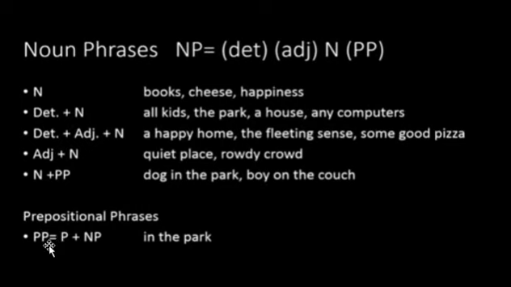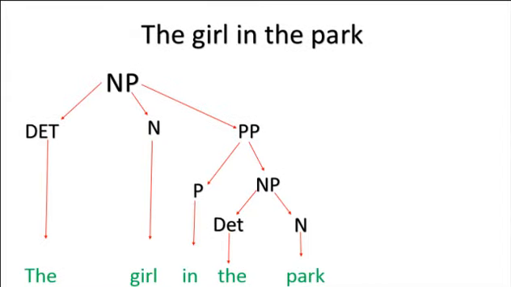Here, preposition phrase: preposition and noun phrase. Determinate, noun, and preposition. Preposition, determinate, and noun. In the park. And you say, okay, I remember now. It's clear for me. Okay?